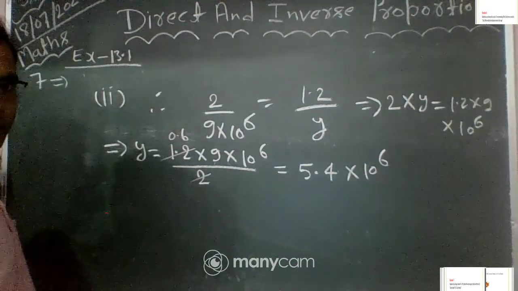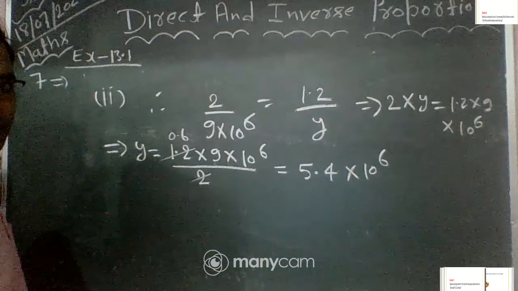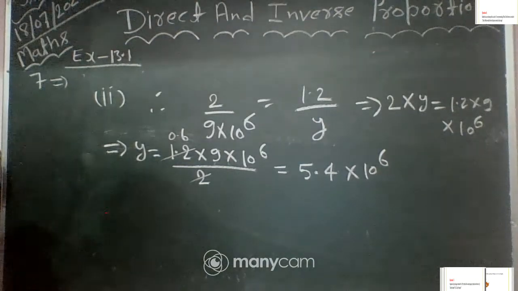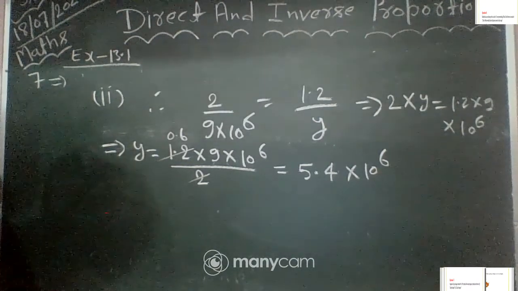What is y? y is the number of sugar crystals in 1.2 kg sugar. Okay, so you can write it.